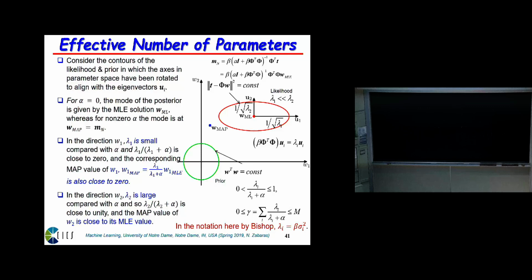This is the exact derivation, the equation we saw in the slides from the previous lecture. And so this is the MAP estimate. And what I have done is I'm actually rewriting this MAP estimate in terms of the MLE estimate of W. Okay? You can do this easily.